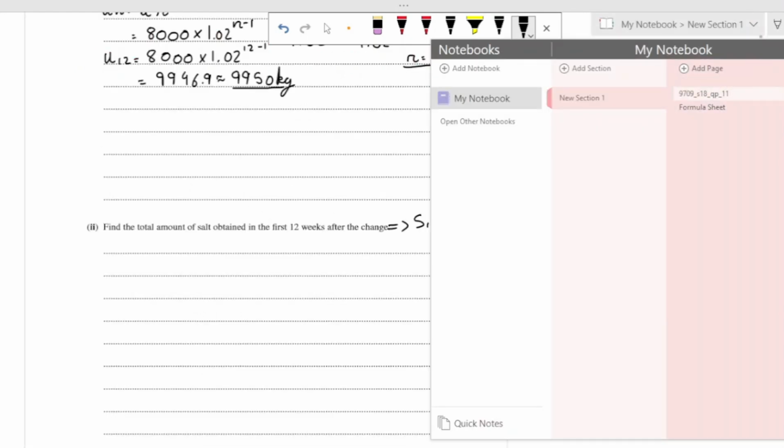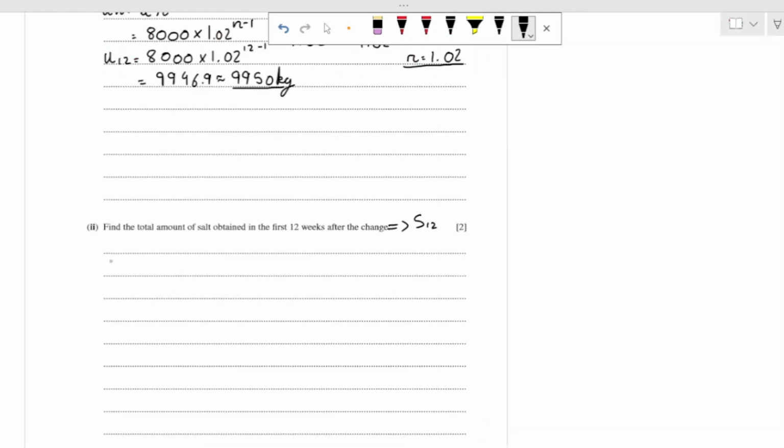So we can put this same equation here first of all. We know that the sum of n terms of a geometric sequence is represented by a multiplied by 1 minus r raised to the power of n, over 1 minus r.